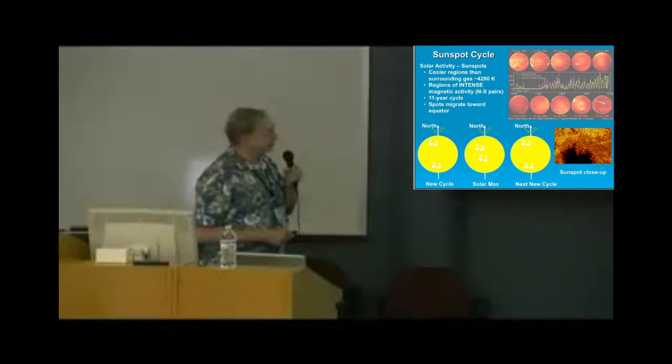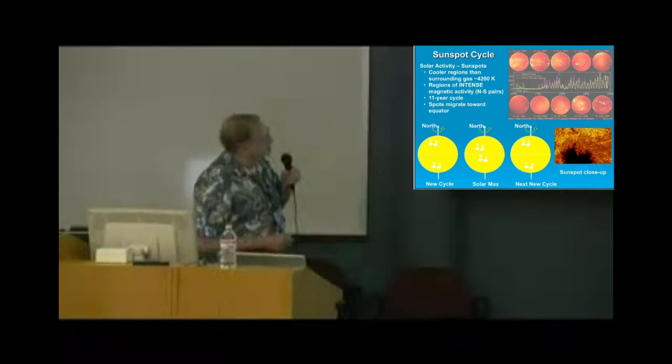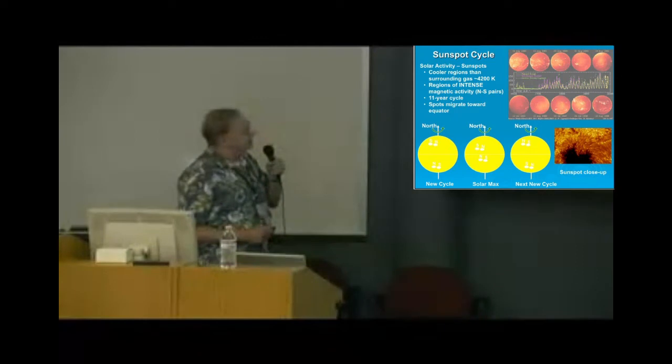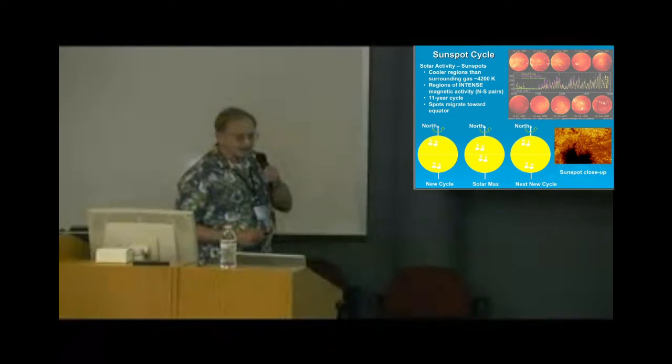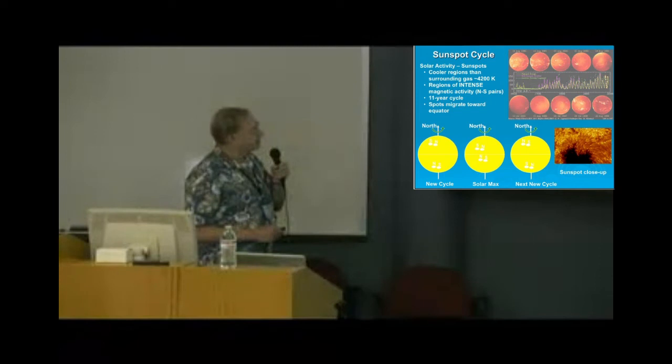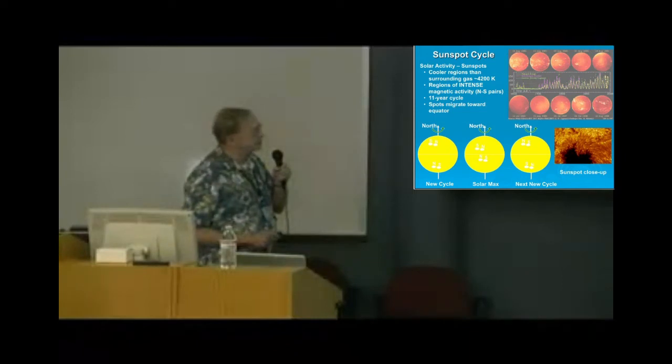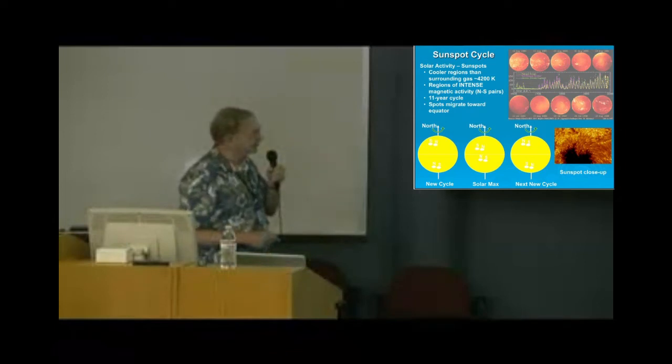Interesting aspect of what goes on, and I'm not sure how well you can see that since it was put on there in white, but these sunspots usually come in pairs, okay? North-south pairs where the field lines come out of the north, go into the south pair of sunspots in the northern hemisphere, and then in the southern hemisphere it's reversed where it's south-north, with the south pole leading in the direction of rotation, north pole leading here in the direction of rotation, roughly speaking.